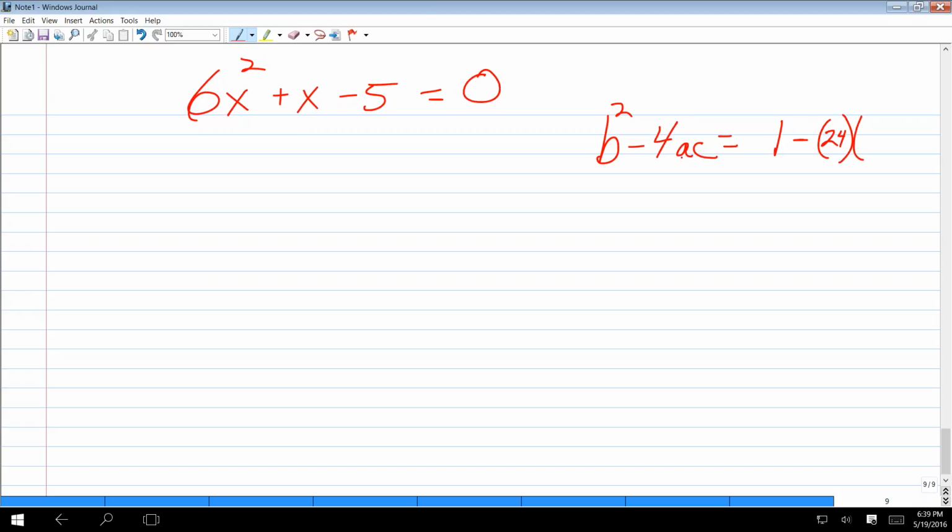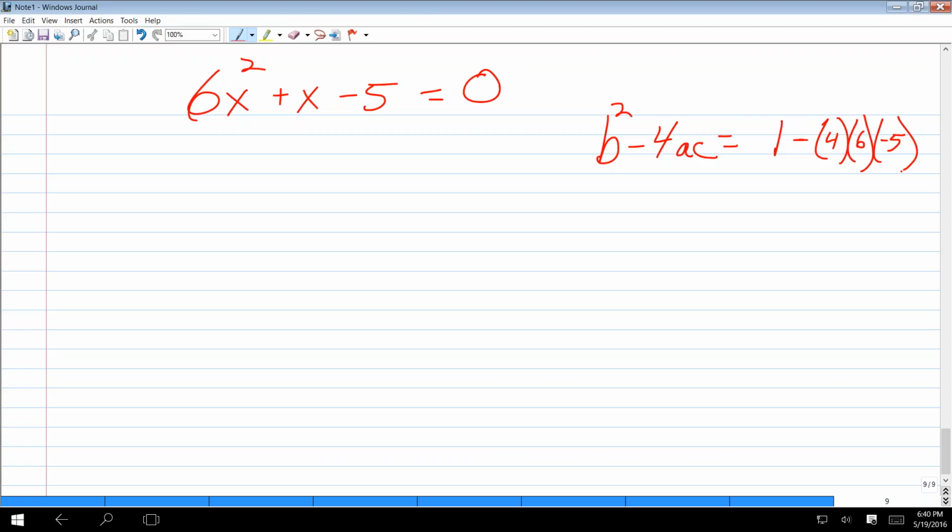Forgot the 4. Oh, no, you didn't. Sorry. Here, let's write it the way I'd like to see it written. Because there is so much room to make a mistake here that you don't want to do anything that might make a mistake.